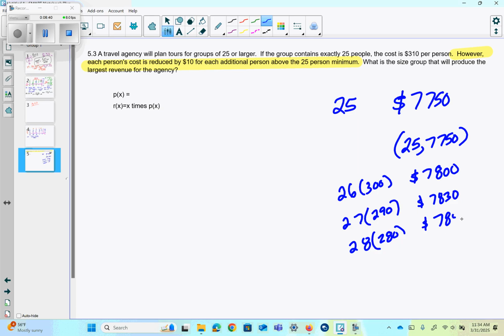So the company is continuing to make more money on this, but there's going to be a point where it's not going to work out. It's going to start going back down. So 29 times 270, so 7,830. Okay, so something took place there.